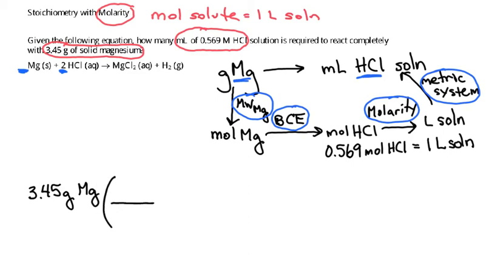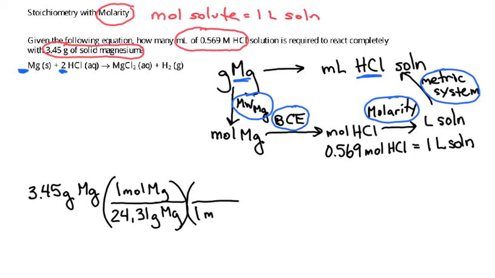The atomic weight, molecular weight, tells us that there's 24.31 grams of magnesium in 1 mole. The balanced chemical equation tells us that every mole of magnesium requires 2 moles of hydrochloric acid.